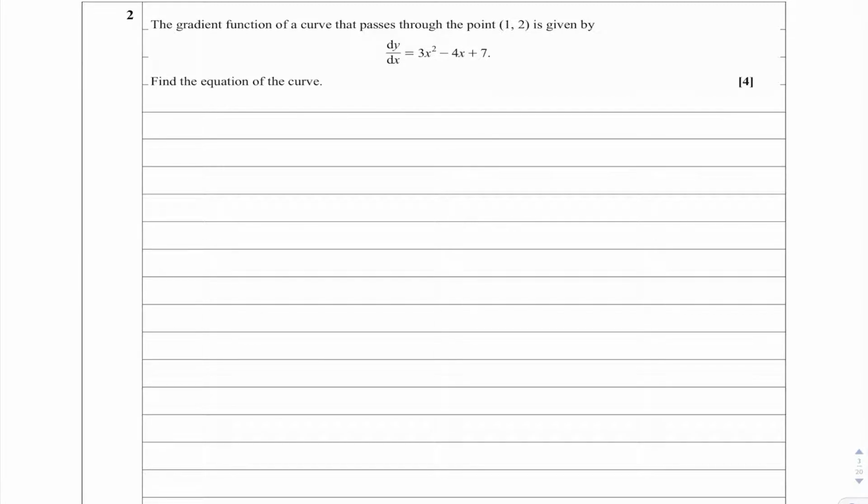If you have a gradient and you want to find a function, you integrate. And if you go in the reverse order, you differentiate.